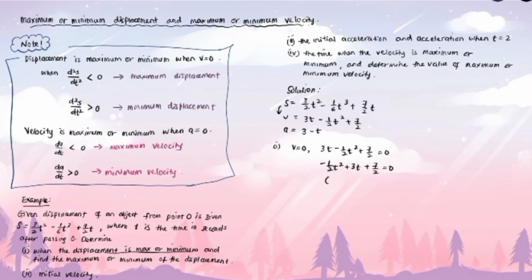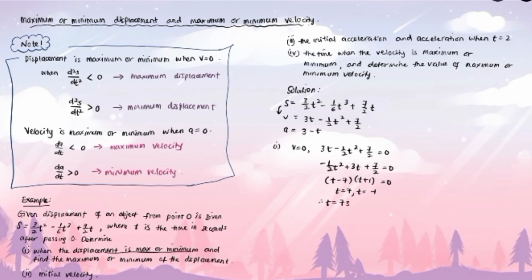So we factorize it, you will get t minus 7, t plus 1 equals 0. So t is equal to 7, negative 1. But please bear in mind that time will always be positive, so we choose t is equal to 7 seconds.